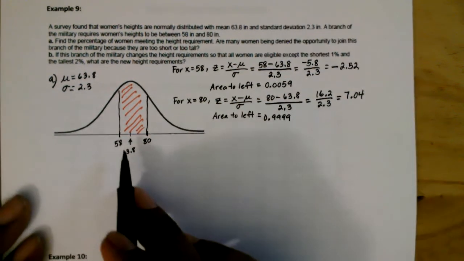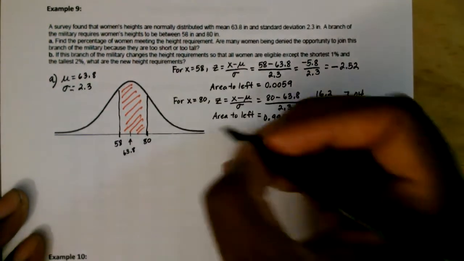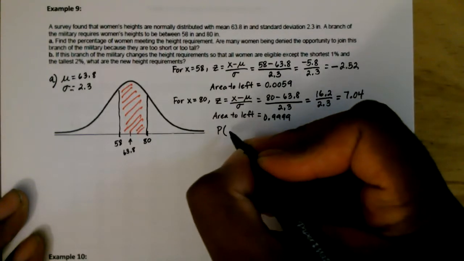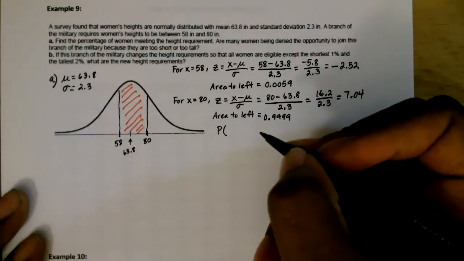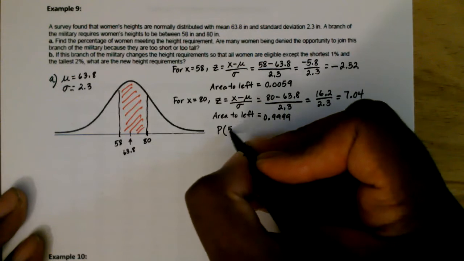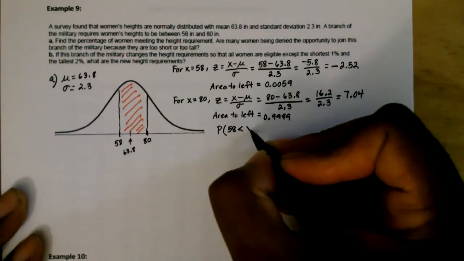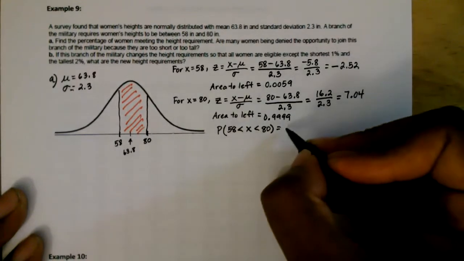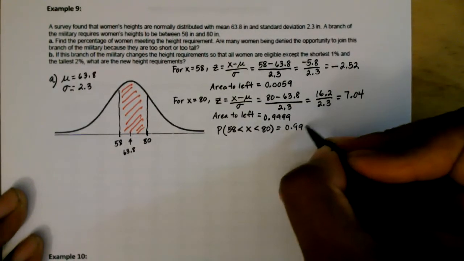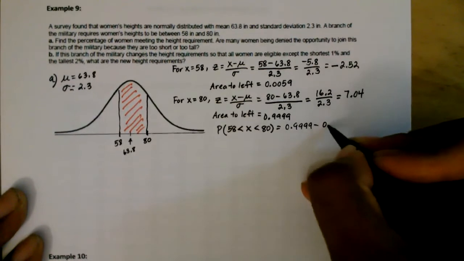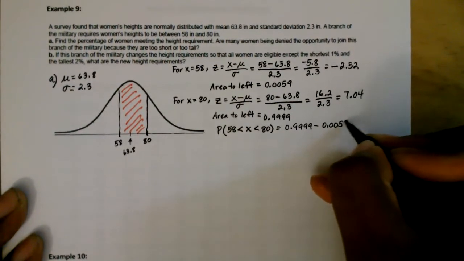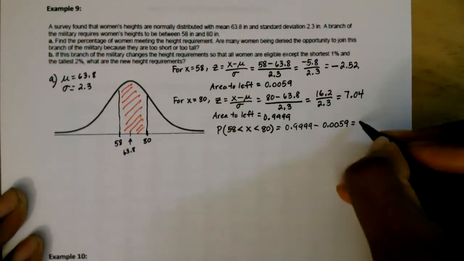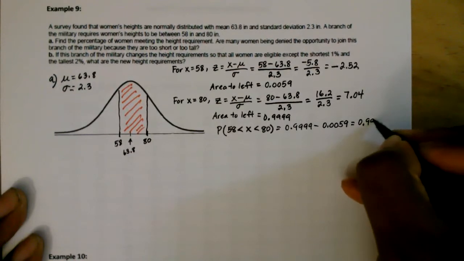Now, to find the probability that a woman's height is between 58 inches and 80 inches, we subtract 0.9999 minus 0.0059, and you'll get 0.9940.